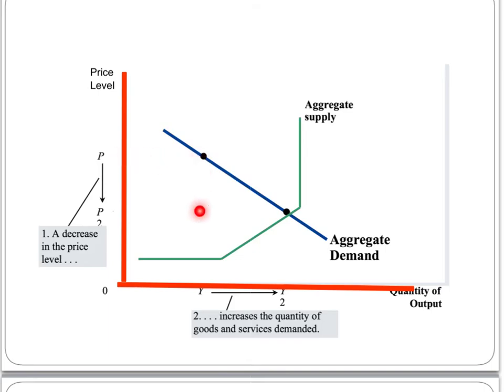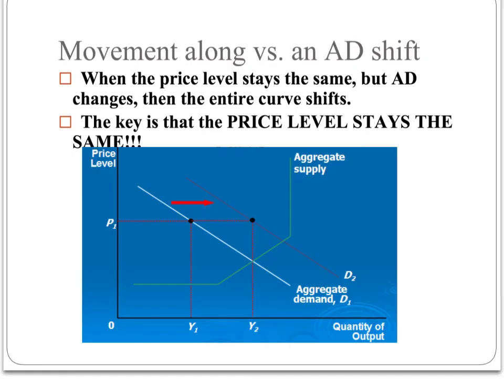So we started at P, Y, decrease in price level, P2, Y2, and we can show through a movement along the aggregate demand curve that yes, people have bought more quantity of goods and services demanded, but we didn't have to shift the curve to show that. This is only reflected in a change in price level when we move along the aggregate demand curve.